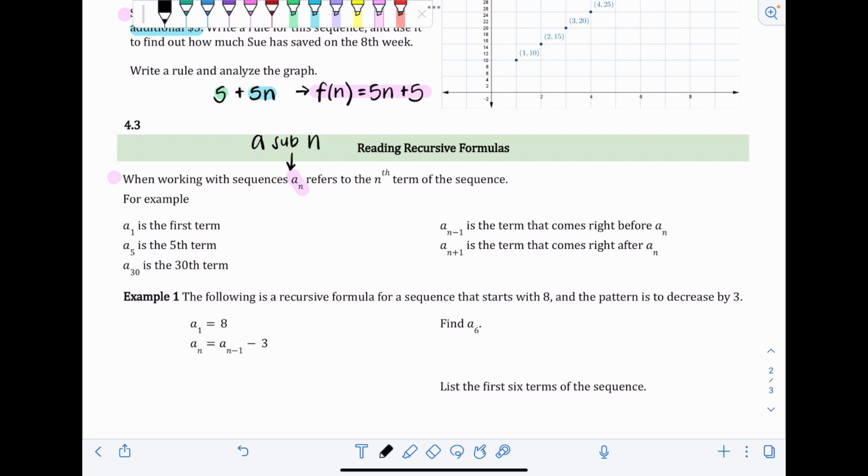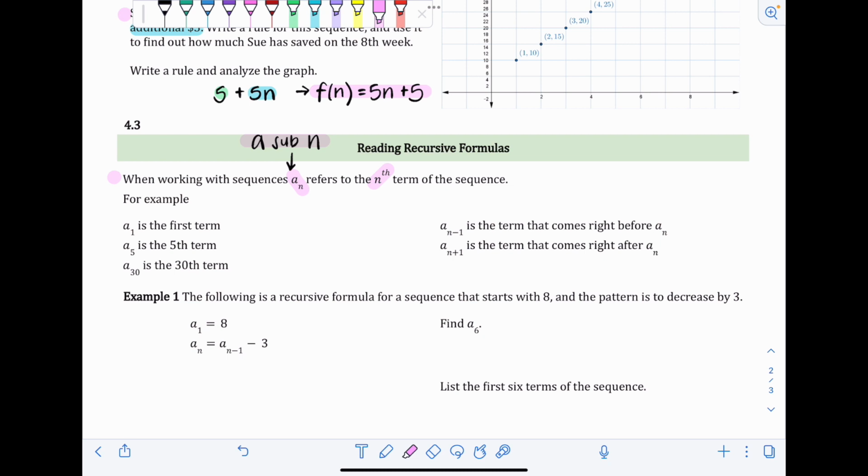What I'm trying to say is A with a subscript of n, which is a small number or letter written to the lower right of an original letter. So you'll hear me say A sub n. It refers to the nth term of a sequence, which is a math way of saying any term number.